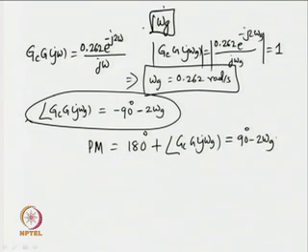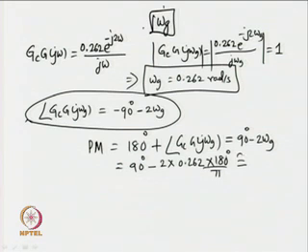When this is put in the degree form, 90 degree minus 2 into 0.262 into 180 degree by pi, upon solving one will obtain this to be nearly 60 degree.